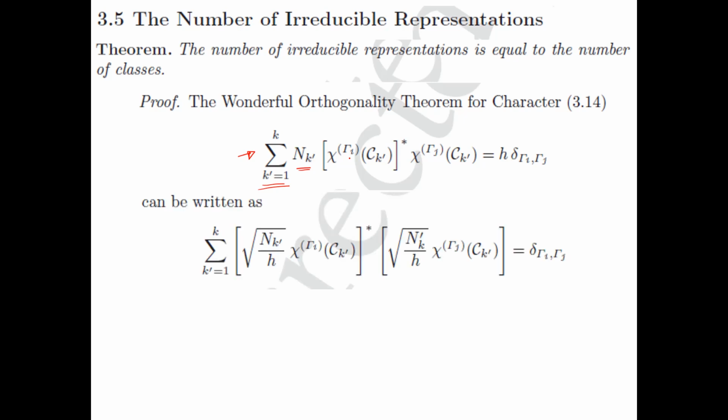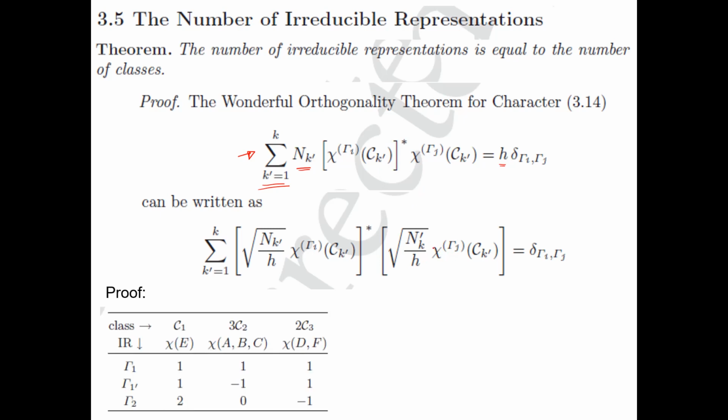And I can write this equation in a more symmetric way, simply by taking the h, the order of the group, into the denominator here, and then I split this in the product of 2 parts using the square root. So I have identical, not identical, but very similar factors in this product. So this is a normalized and more symmetric way to write this result.